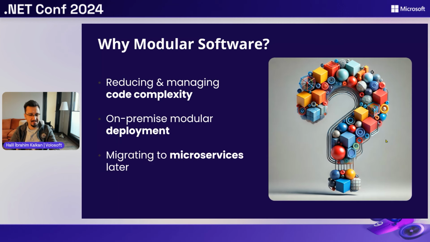And the final reason may be you actually want to create a microservices system, but you want to start from a monolith, as suggested by many technology leaders. You may want to create a modular system first, then migrate to microservices later. So if any of these conditions are met in your case, then you can create a modular software solution instead of just a monolith application.